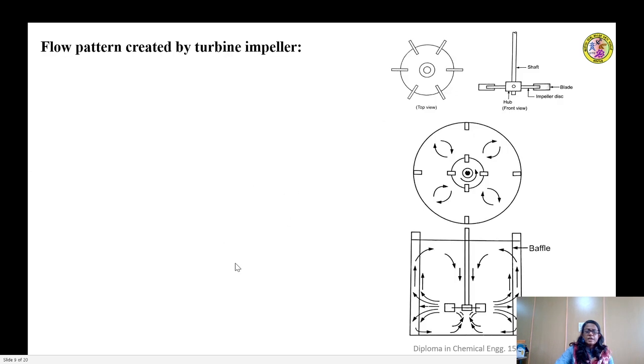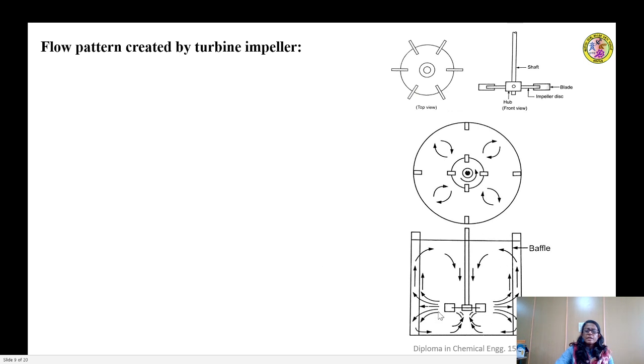So let us now understand how a radial flow current can be created by a turbine impeller in an agitated vessel. Consider for example the disc bladed turbine impeller, in which there is a circular disc attached to the central hub of the vertical shaft, and to this disc a number of blades are attached, as shown in the diagram.